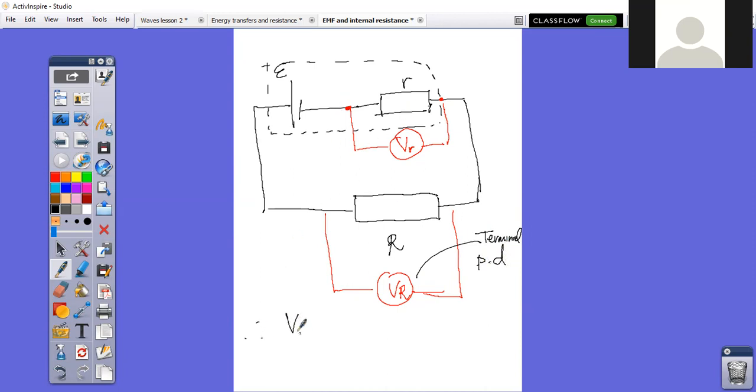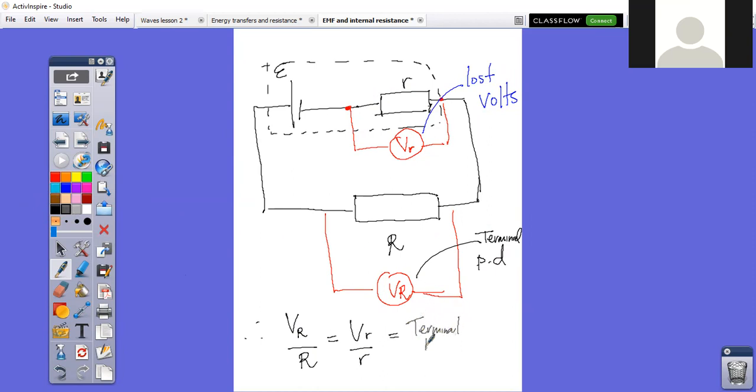So VR over R is equal to, what's this V little r going to represent now? The name, you know the name. Lost volts. Yeah. So VR over big R, V little r over little r, which we'll write in words so it's more alive for your brain to process.